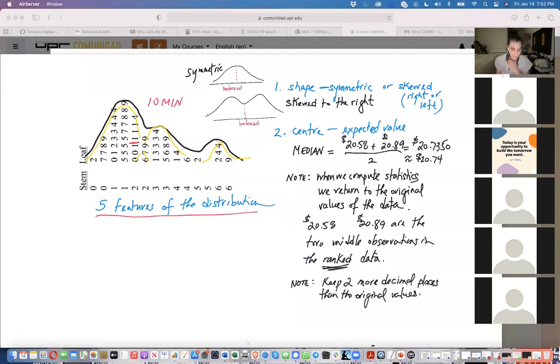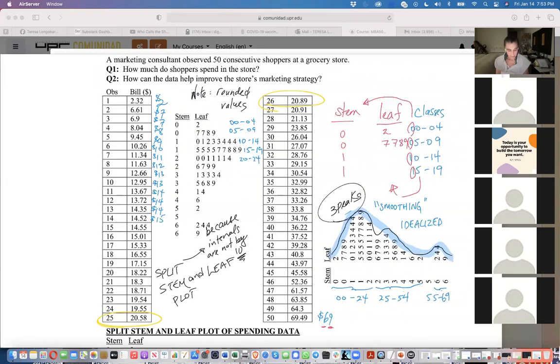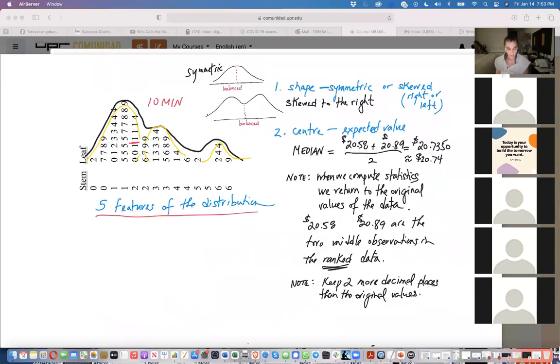Let me go back to the data. Yes, because this one is 20 and this one's already 21. So it's between these two that were rounded to 21 each. So that's what a median is.